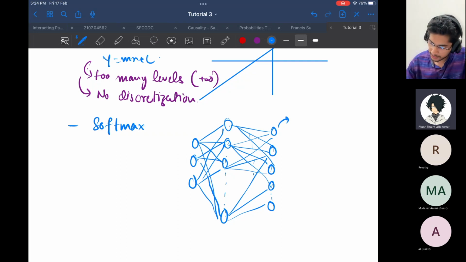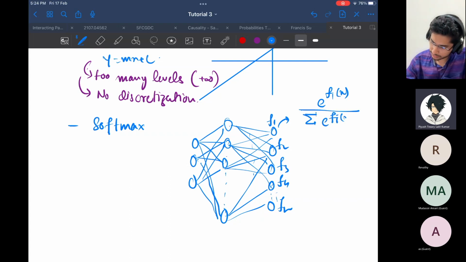So let's say f1, f2, f3, f4 till fn are the outputs that you have. The output of the activation functions would be e raised to f1 of x upon summation of e raised to fi of x, right? This is what your softmax function is.